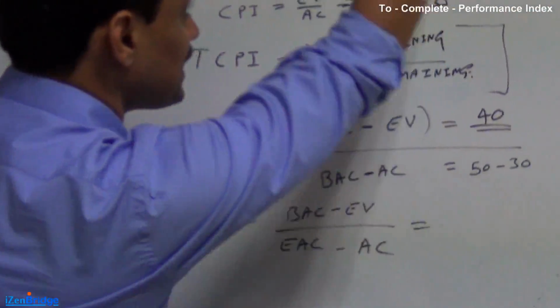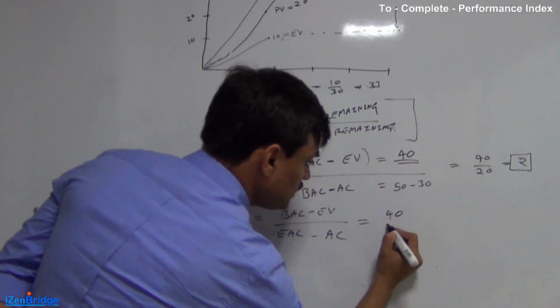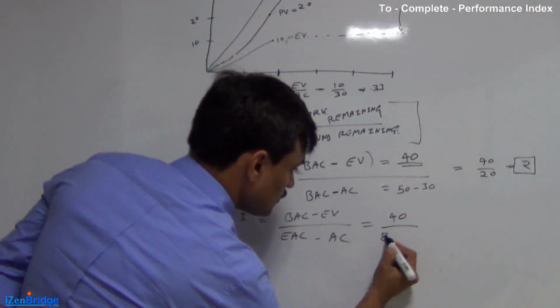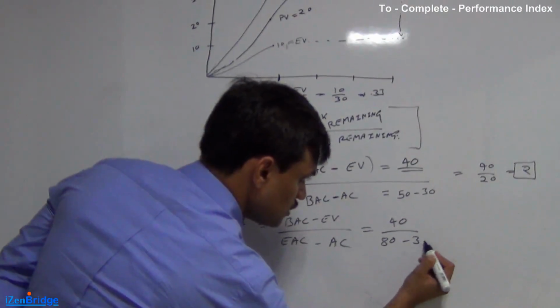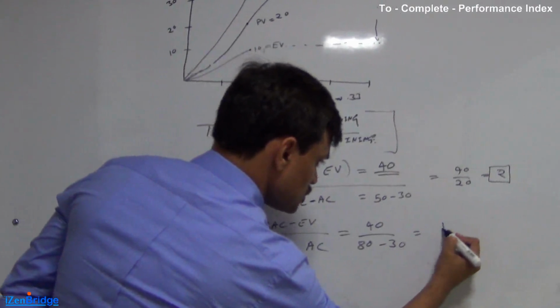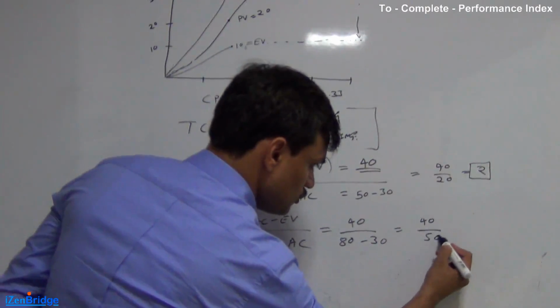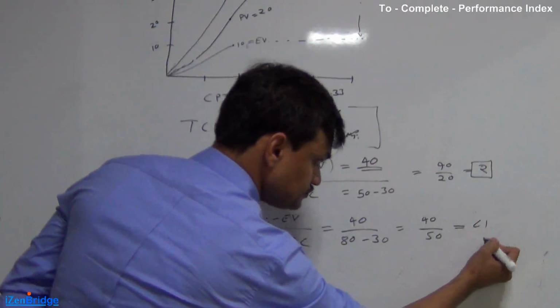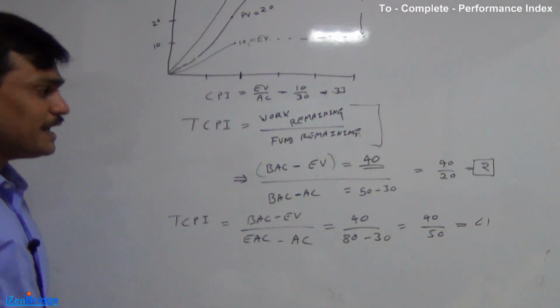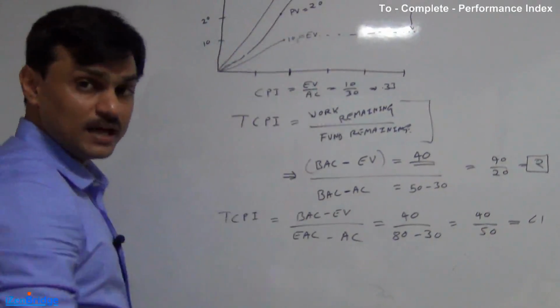So in this particular case, if management is giving me 80,000, then I will take 80 minus 30, which comes to 40 divided by 50, which is less than 1. It means I have more flexibility. I don't have to do aggressive planning.